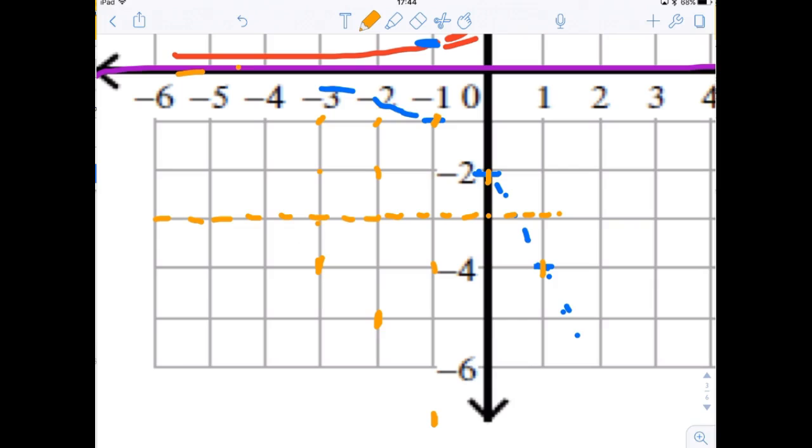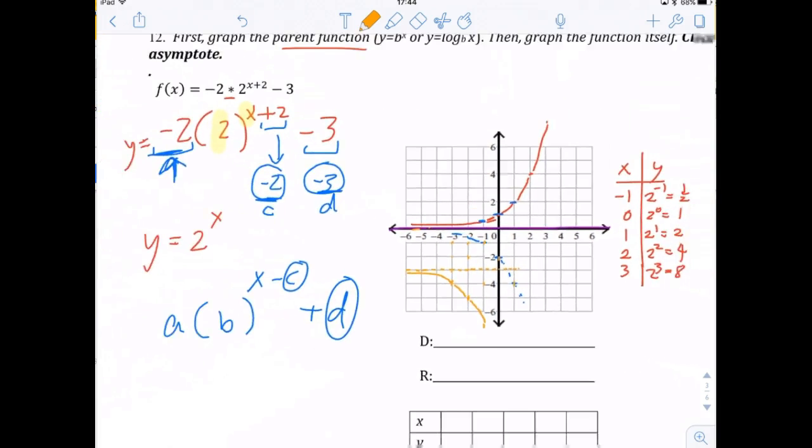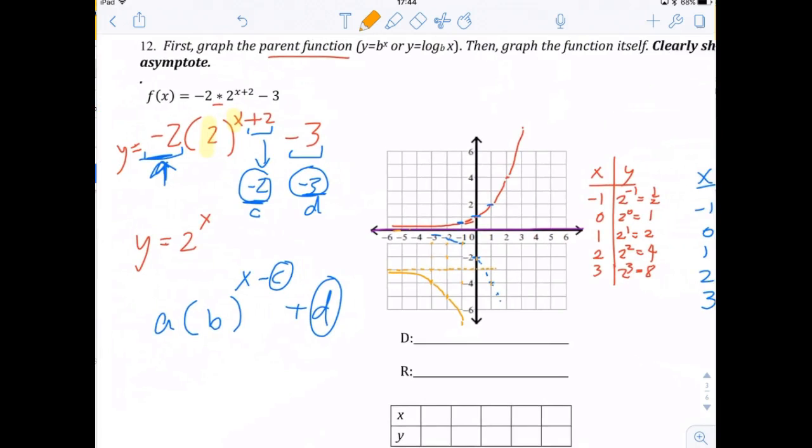Only the vertical translation affects the asymptote. So there we've inverted it, and we stretched it by a factor of 2. We've moved it left by 2, and we've moved it down by 3.